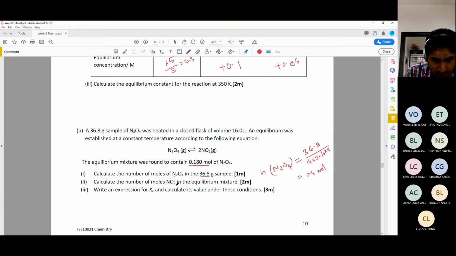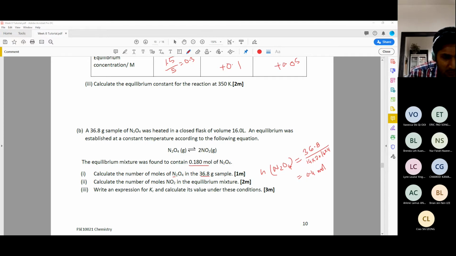Calculate the number of moles of nitrogen dioxide in the equilibrium mixture. Dinitrogen tetroxide is a 1:2 reaction, producing 2 moles of nitrogen dioxide.